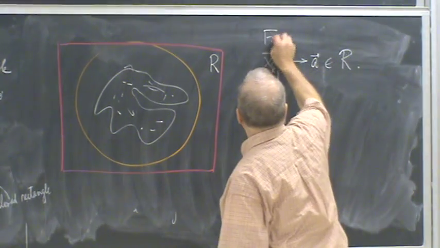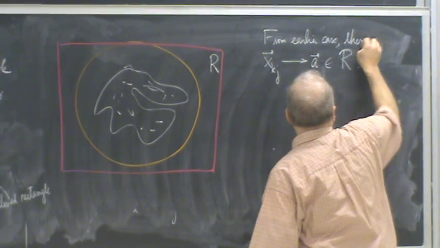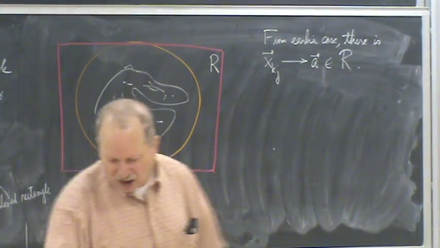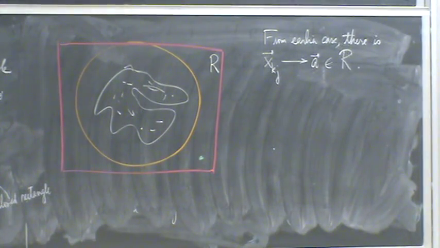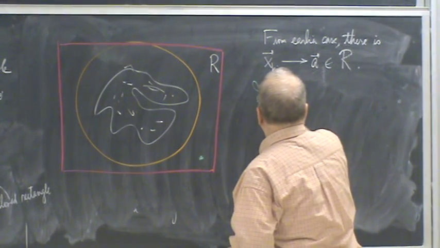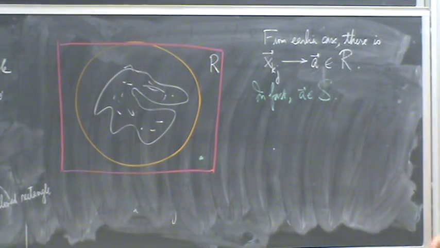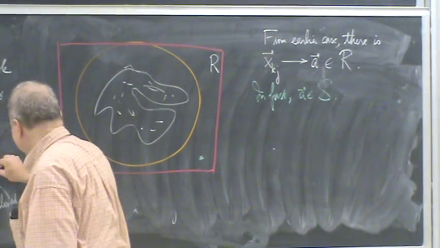So from what we've done from the earlier case, we know there's a convergent subsequence that converges to a point of R. Okay, so here you are, you have your subsequence, and it converges to a point out here in R. Is that reasonable? Someone says no, it's not reasonable. Why must A, in fact, belong to S? Because it's closed. Because there's this other hypothesis about compact sets.